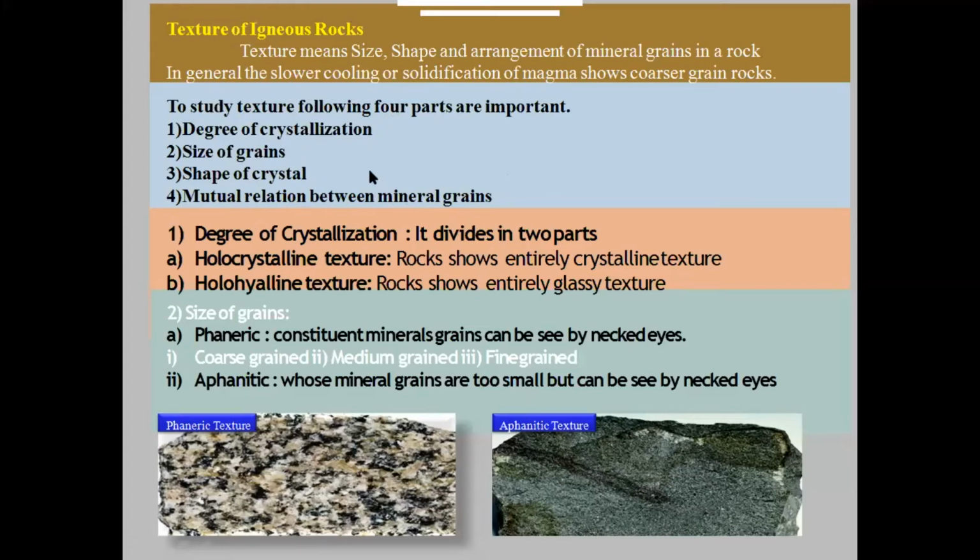Degree of crystallization, we can classify the rocks like holocrystalline and holohyaline. Holocrystalline means 100% crystals, and holohyaline means that there is no crystal, all the rock is made up of glass.